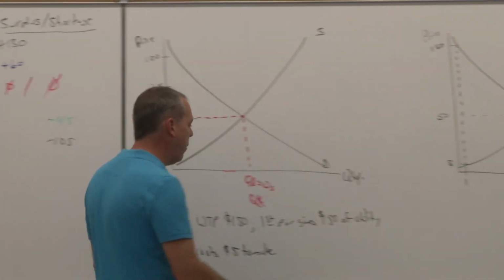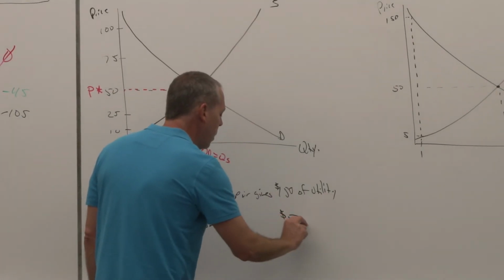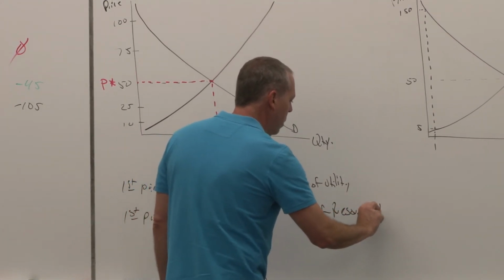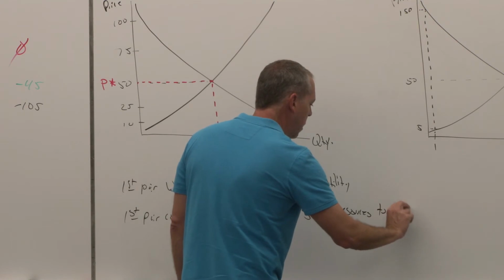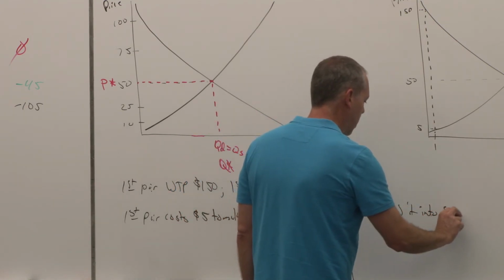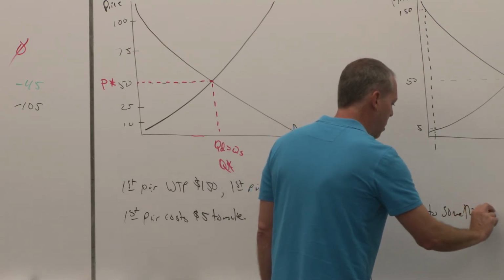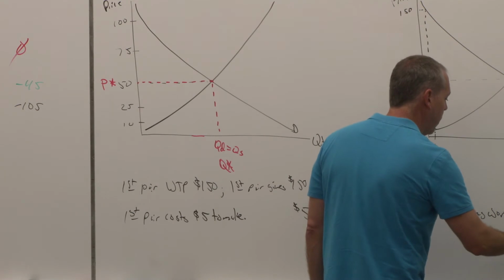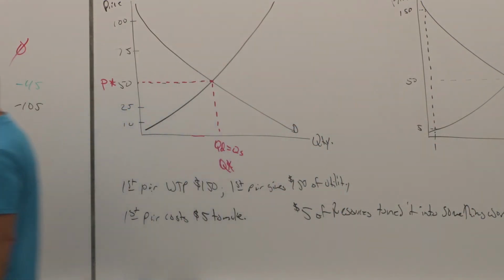So we've taken $5 worth of resources and turned it into something worth $150. Is that a good thing or is that a bad thing? That's a good thing.